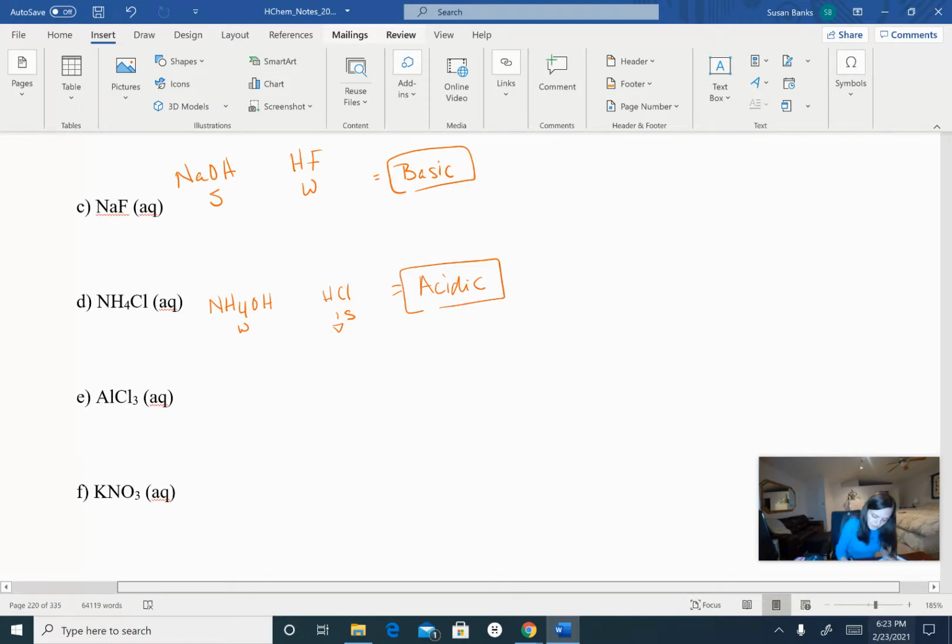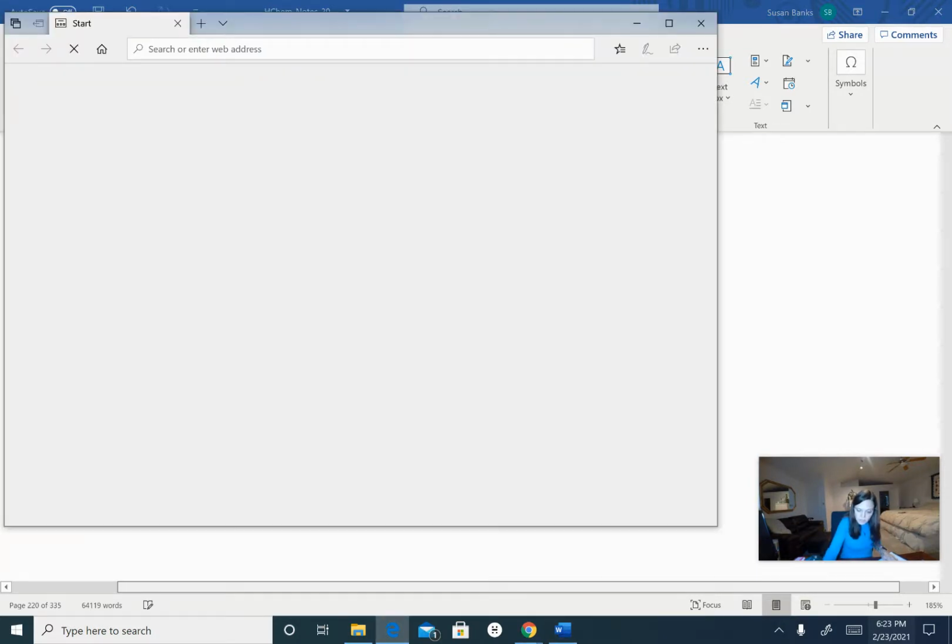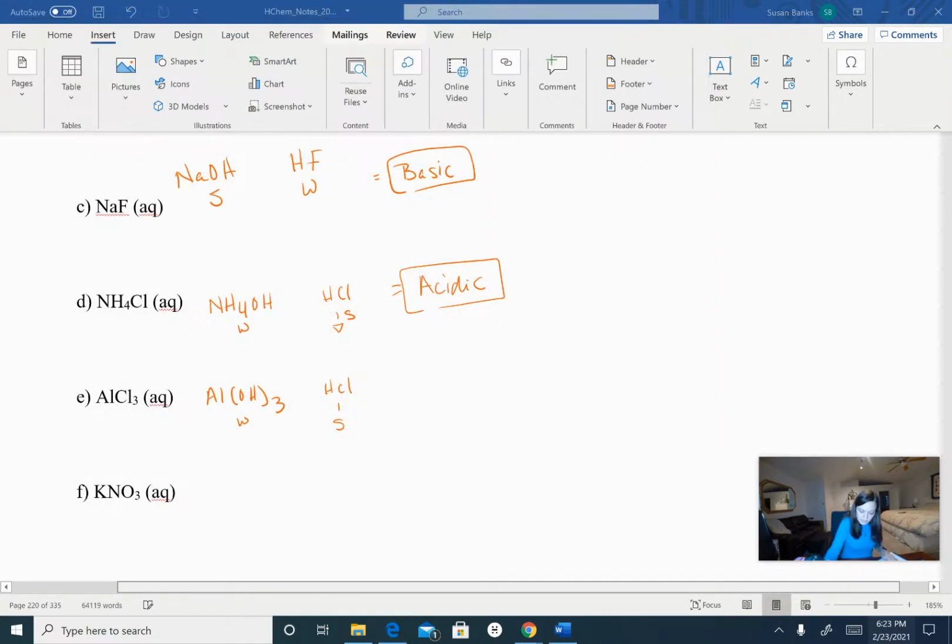Okay, how'd you do on that one? Then aluminum. Aluminum is a +3, so I'm going to need 3 hydroxides to balance that out. That is a weak base. Okay, and chloride we've already done. Hydrochloric acid, that is a strong acid. So this is going to be pretty dang acidic because the acid is much stronger than the base.